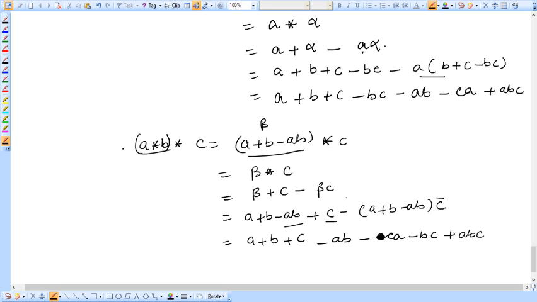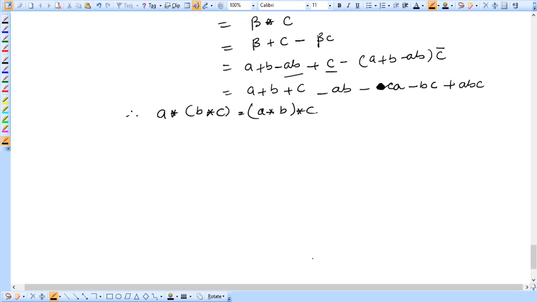So you see these two are equal, hence we can say therefore A star B star C is equal to A star B star C. Okay, thus associative law is true in this case. Therefore this set Q star holds associative property.